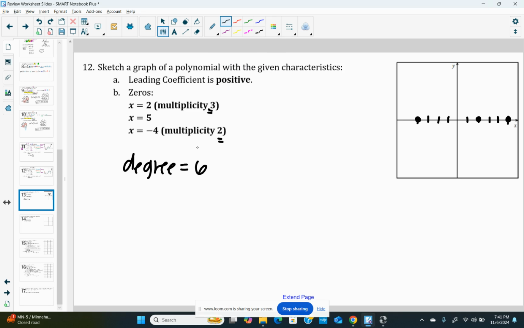And our degree is 6, so both ends are going to be going up again, right? It's going to be doing different stuff in between, but both ends are going to be going up. Okay, at -4, which is this one, it's got an even multiplicity, so it's going to bounce. Okay, so we're going to start up, we're going to come down and bounce at -4. Then the next one we have to get to is 2.